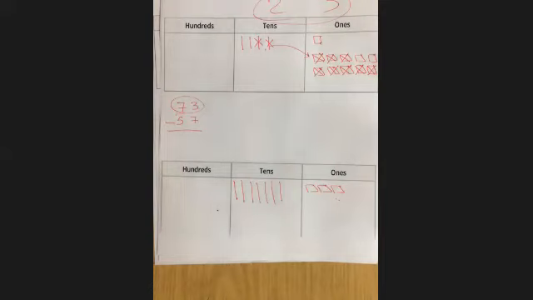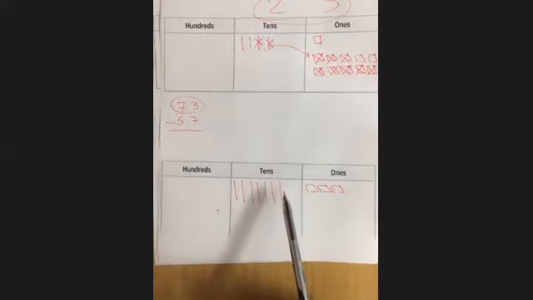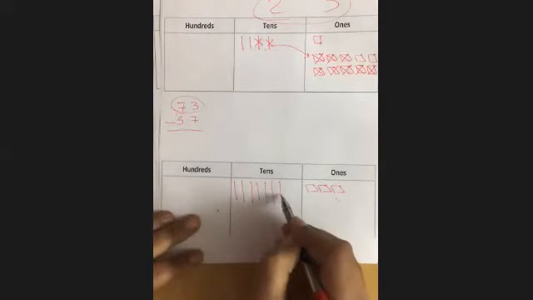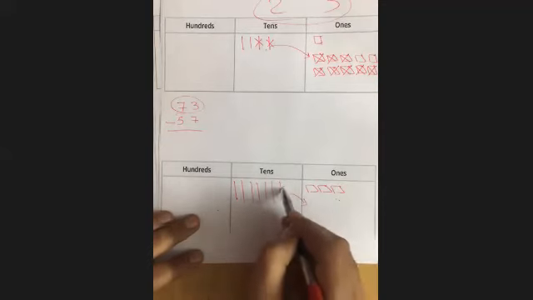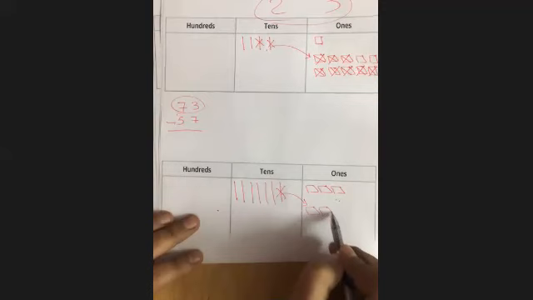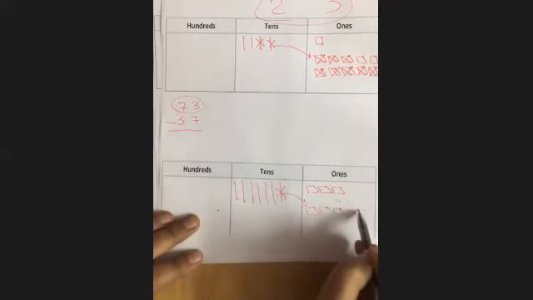We will take 1 from tens. When we take from tens, we take only 1, because 1 line from tens equals 10 squares, Yasin. Okay?